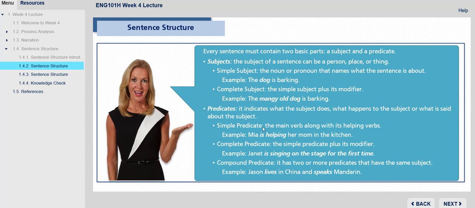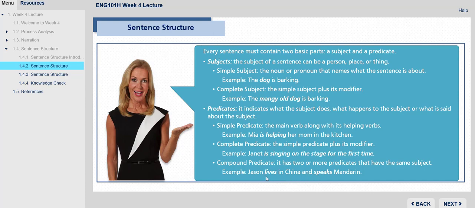In other words, Mia is the subject, and everything else is a predicate. A complete predicate is when you say Janet is singing on the stage for the first time. Everything that comes after your subject is the predicate. A compound predicate is when you have Jason lives in China and speaks Mandarin. In other words, you have two verbs.